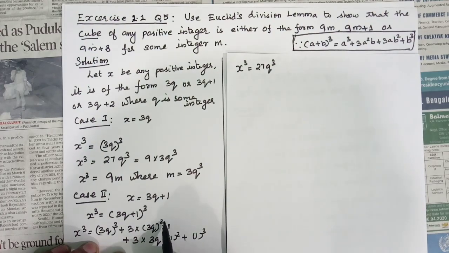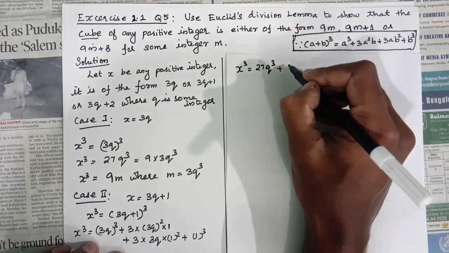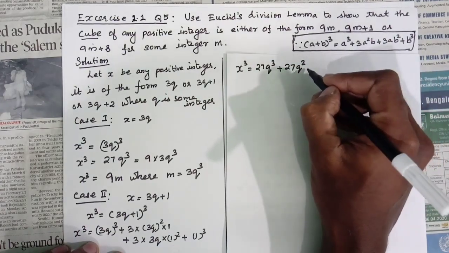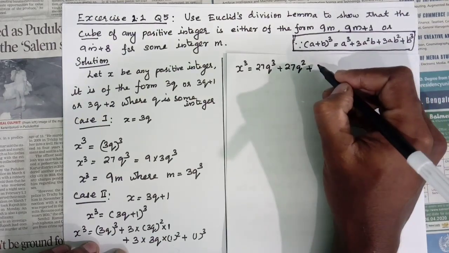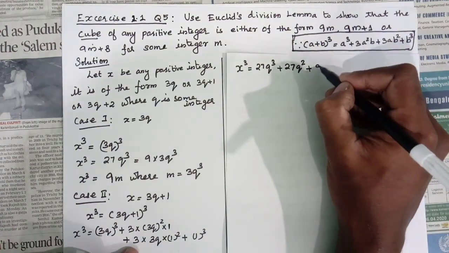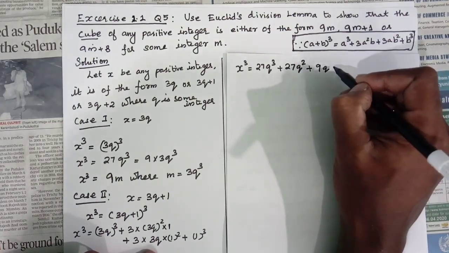So 9 into 3 is 27q square plus. Again you multiply these two numbers: 3 threes are 9 into q, so 9q, plus 1.